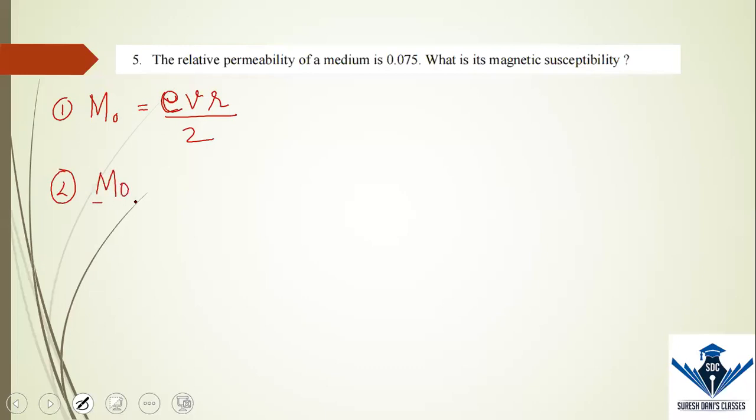The gyromagnetic ratio is M naught, which is the magnetic dipole moment of a revolving electron per unit angular momentum. Is it angular momentum or linear momentum? M naught upon L naught is equal to nothing but e upon 2me, which is a constant.